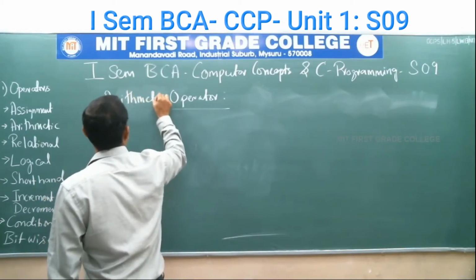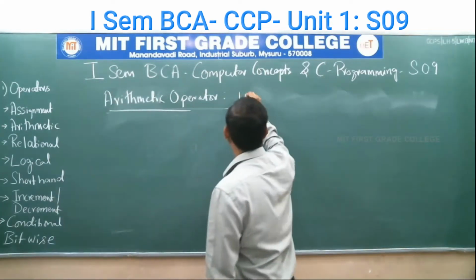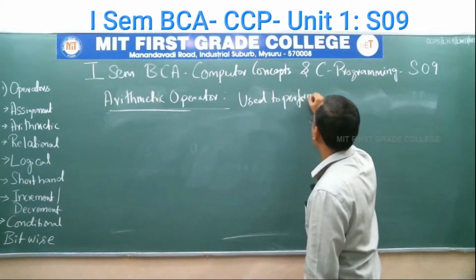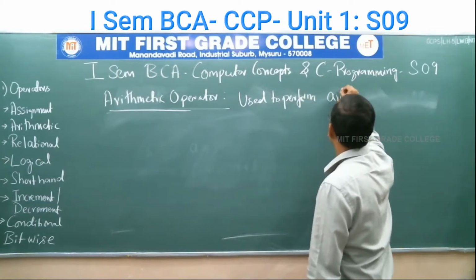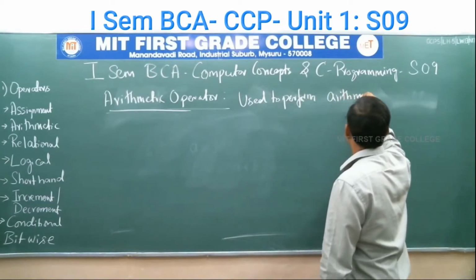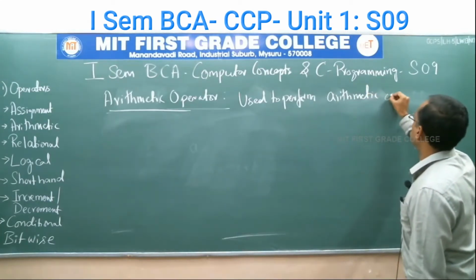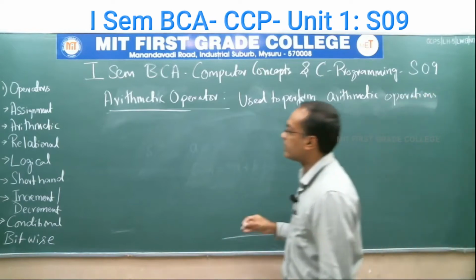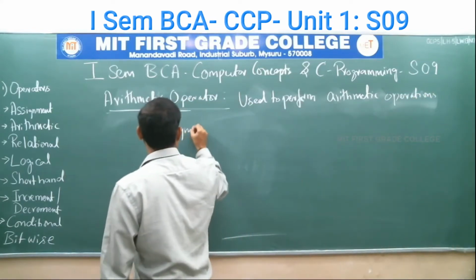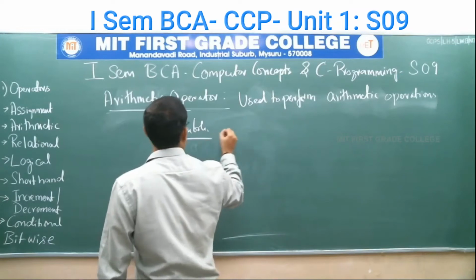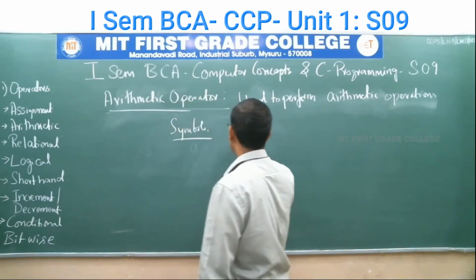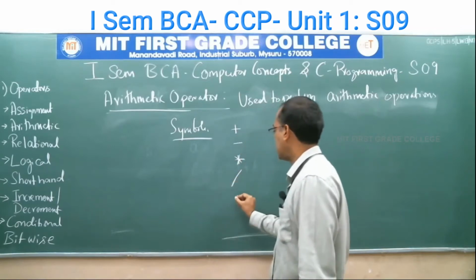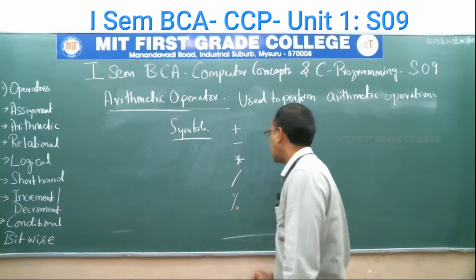So arithmetic operator is used to perform arithmetic operations. What are the symbols? The symbols are plus, minus, star, forward slash and percentage operator.